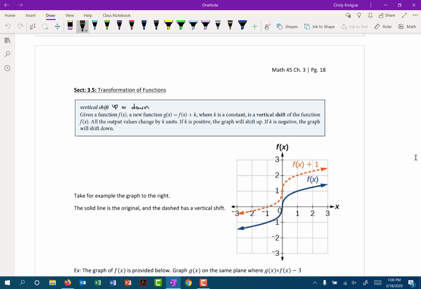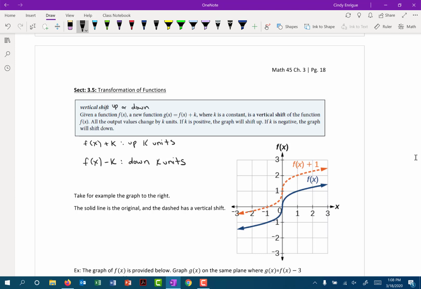So what this is saying is if I have f of x plus k, we're going to go up k units. Versus if I have f of x minus k, that subtraction means that we're going to be going down k units. Okay, so plus is for up and minus is for down.